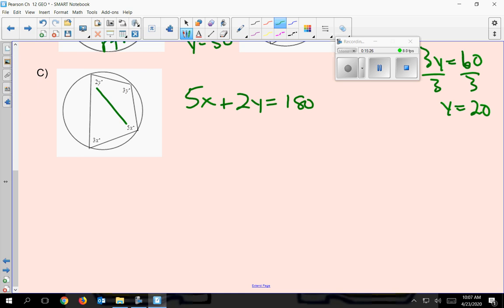The same rule applies for these other two opposite angles. So I can set them equal to 180, okay? Well, that's not really helping me. It's not something I can really solve, okay?